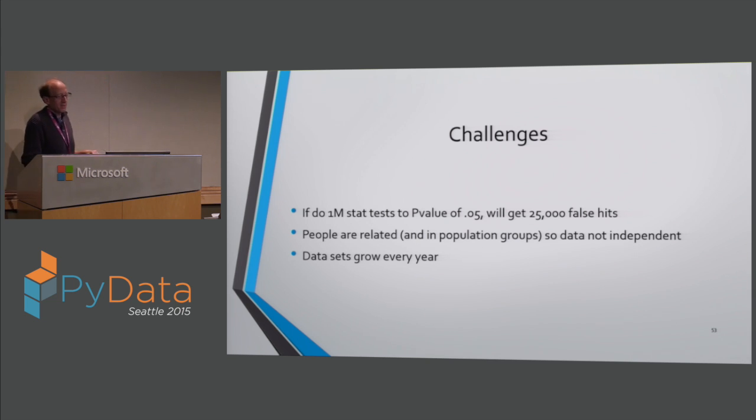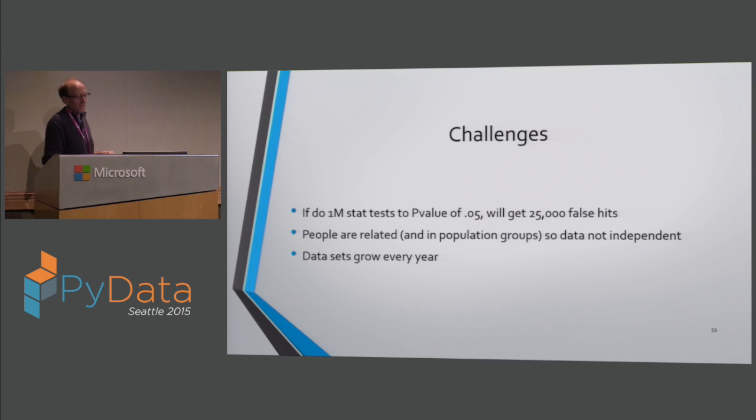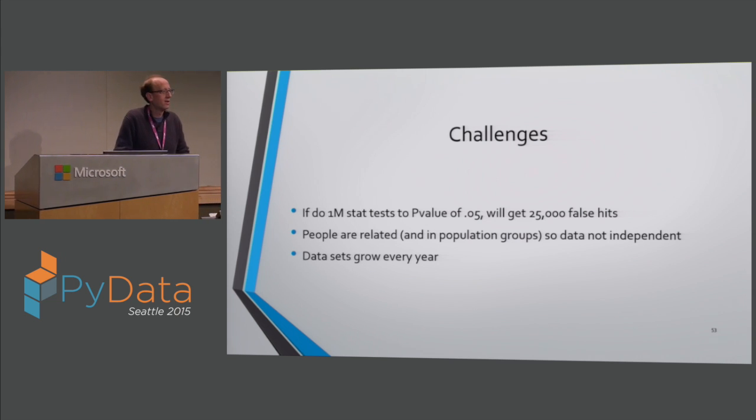And the final problem is the data sets grow every year. So the first problem, there's straightforward statistics for multiple-test corrections we can do. The second problem: instead of using tools like linear regression and logistic regression, we use a tool called a linear mixed model. A linear mixed model says we know exactly how related every pair of people in our data is because we have their DNA.